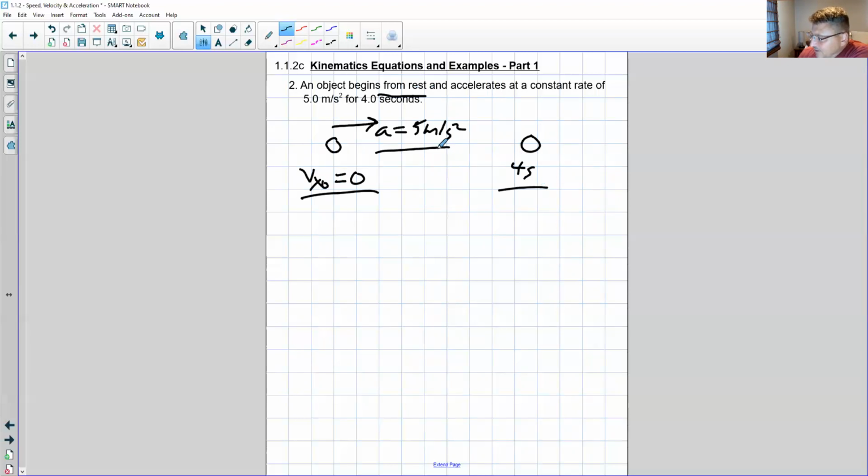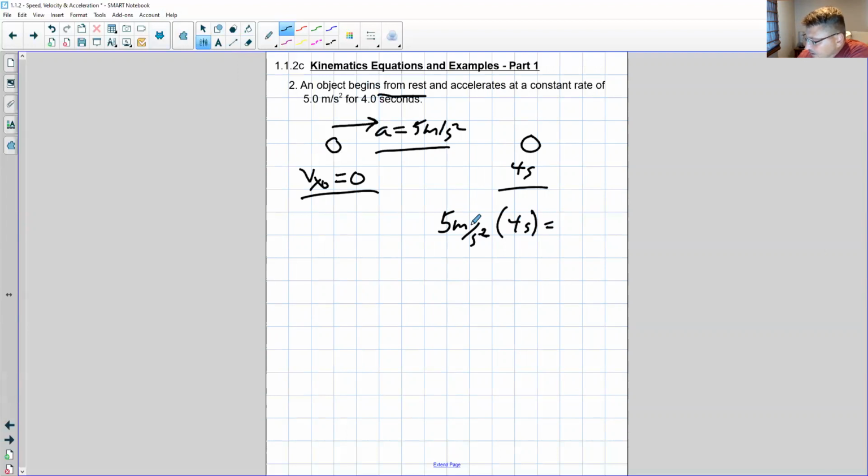So if you accelerated 5 meters per second squared for 4 seconds, if you just go ahead and multiply those two things together, 5 meters per second squared by 4 seconds, right? What does this give you?